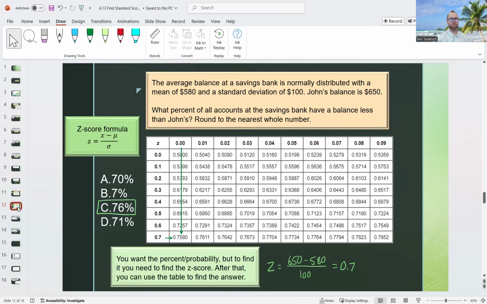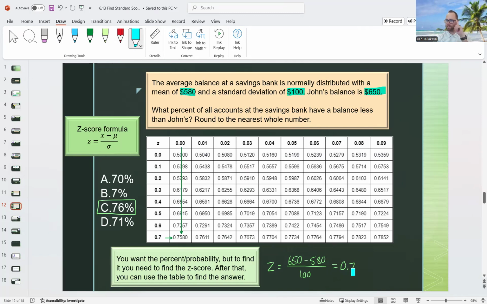Alrighty then. We need to find the z-score using our z-score formula, because we have the mean, standard deviation, and the raw score. Notice the raw score could be money. Doesn't have to be a score on a test. So we plug those into our z-score formula. There it is again as a reminder. There's all the values in it. We get a z-score of 0.07.